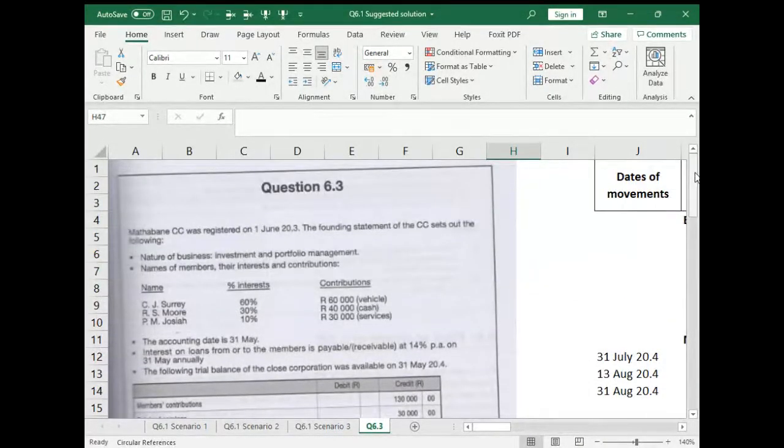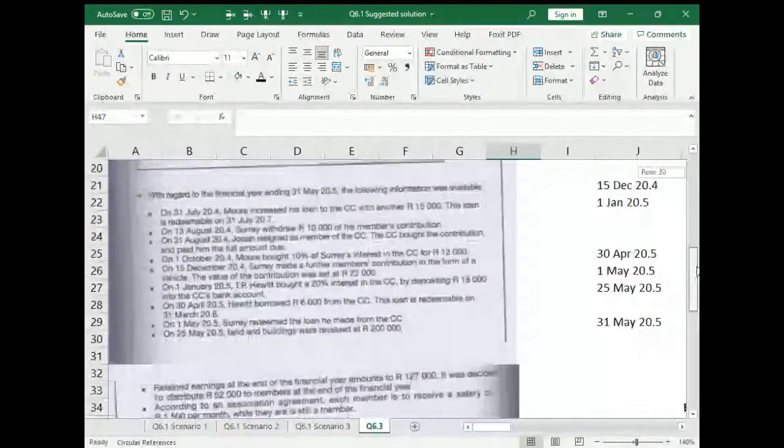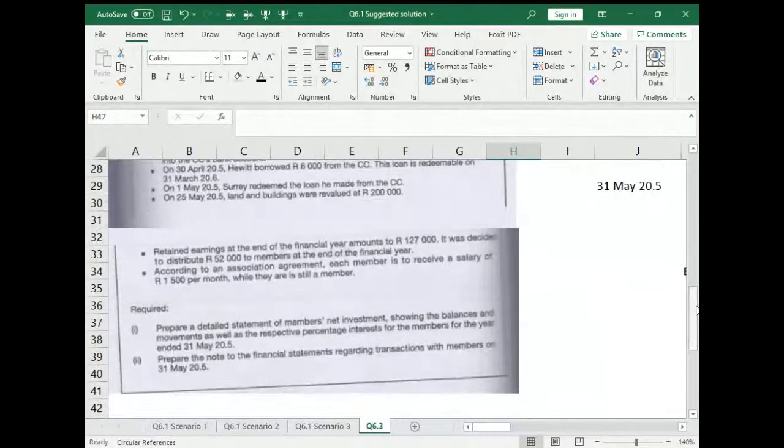Okay, so question 6.3, the first thing you have to go look at is what do they actually want from you. So in this question, they asked you to prepare a detailed statement of members' net investments, showing the balances and movements as well as the respective percentage interest for the members for the year ended 31st of May. This is a very detailed way of doing it.